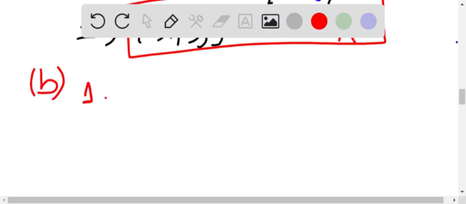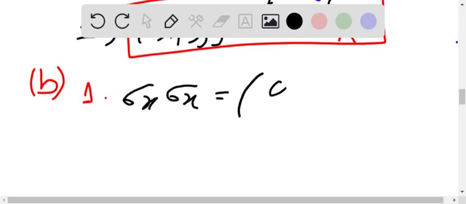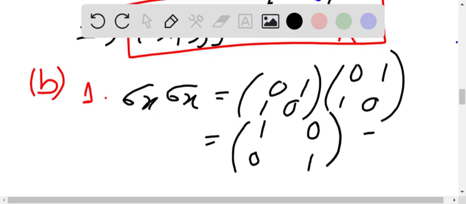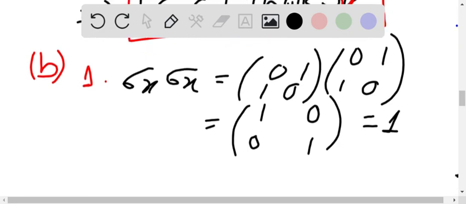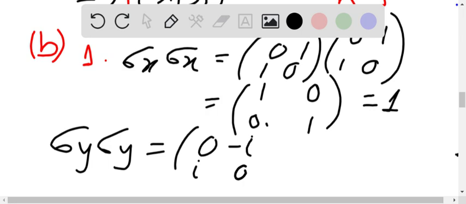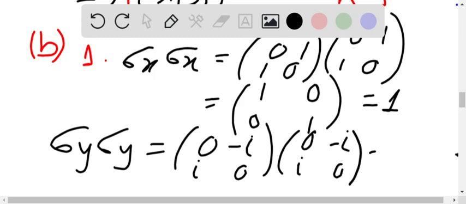So for part B, part 1, we have that sigma x squared is equal to [0, 1; 1, 0] times [0, 1; 1, 0], and this is basically equal to [1, 0; 0, 1], that is equal to 1. What we are going to do next, we have sigma y squared, that is equal to [0, -i; i, 0] times [0, -i; i, 0], and that is equal to [1, 0; 0, 1].